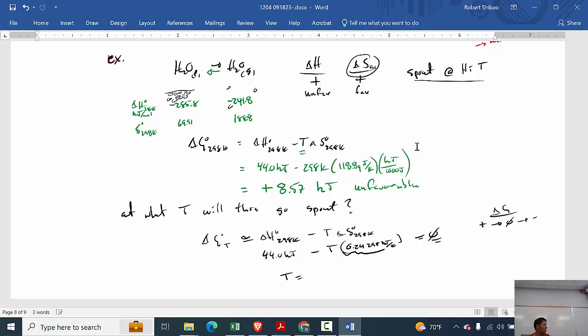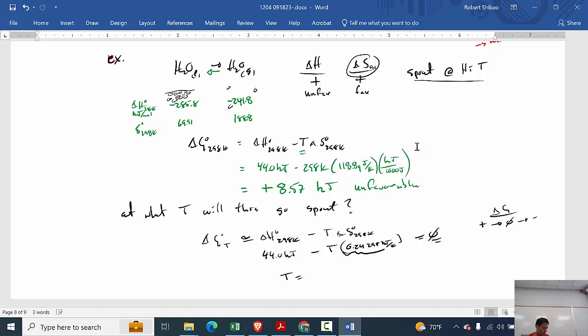And so what is that temperature? Let's go ahead and solve for the temperature here. It's going to be 44 divided by 0.24298, and that comes out to 181. Is that right?